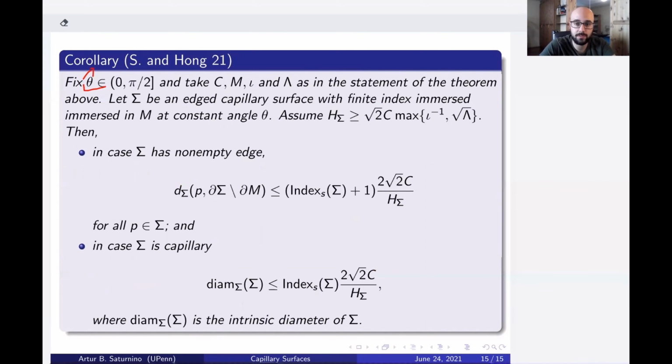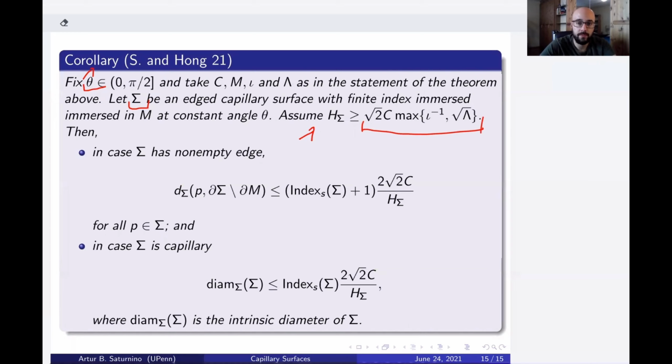We assume all the same things as before, except that now we don't assume that sigma is strongly stable. And we assume the following: that the mean curvature of sigma is large enough, being greater or equal than this quantity.